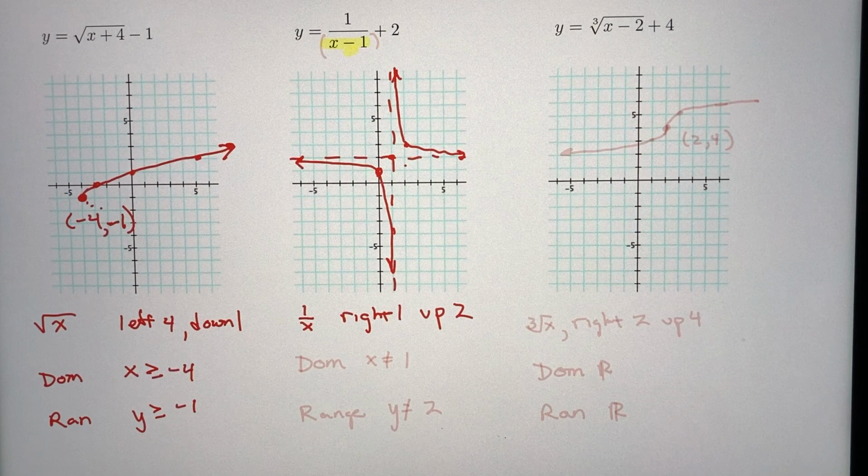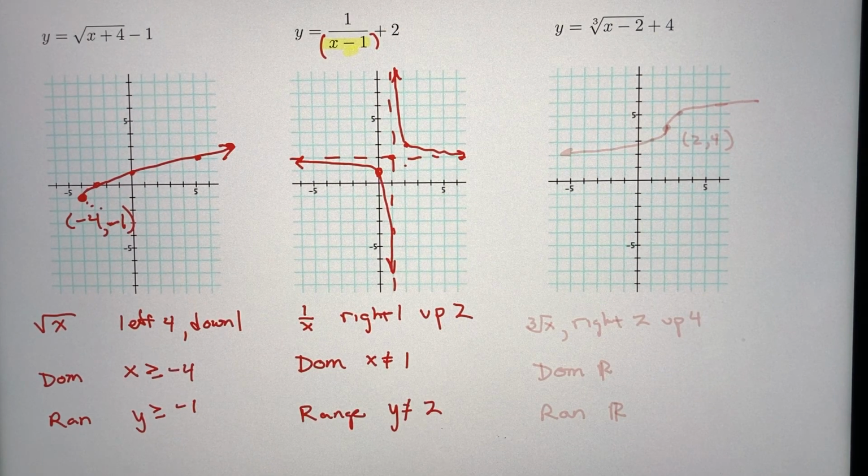There's a dotted line at x equals 1. You can't get x to equal 1. If you graph this function, don't forget parentheses around the denominator. If you graph this function and trace at 1, you will get no answer. The domain is x not equal to 1. The range, the height you can't get to, is 2.